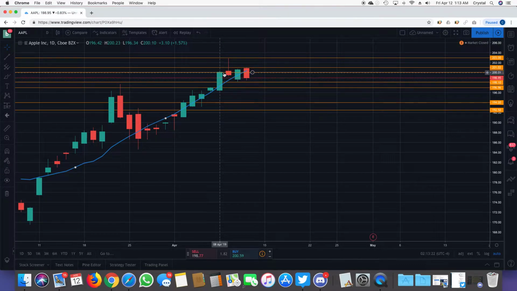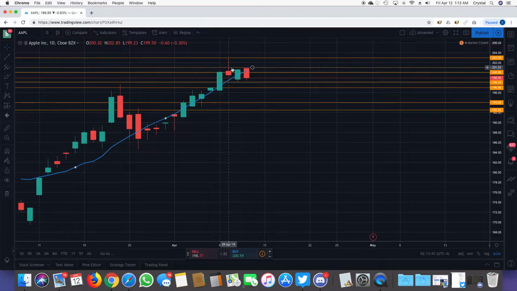I stayed long, with the hopes that it would break above 201. So Tuesday, as you can see, it did break below 200, but just barely. So when it broke above 201 on Tuesday, I actually added to my position. I bought another contract.